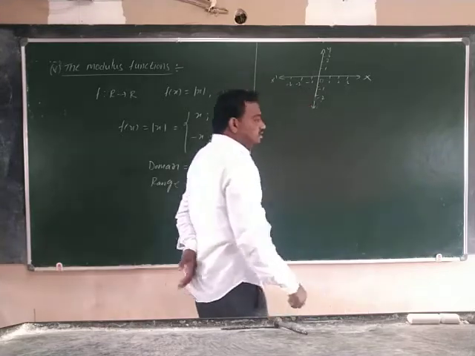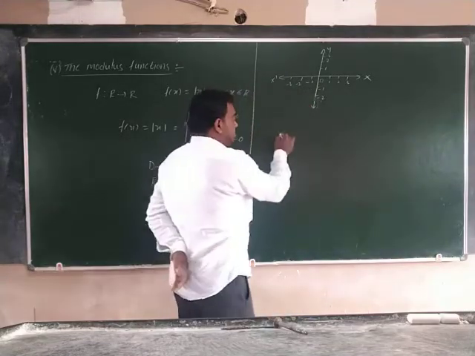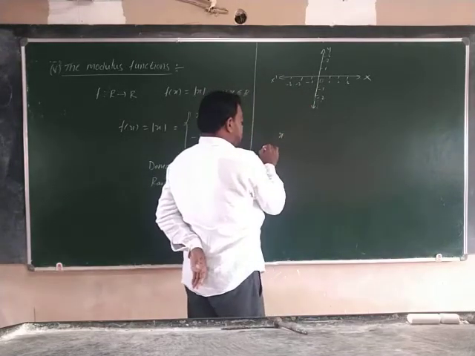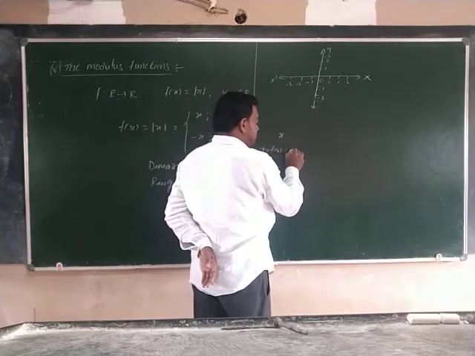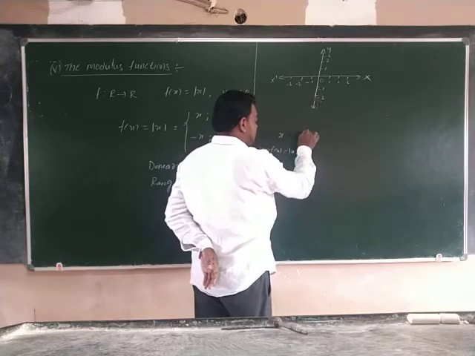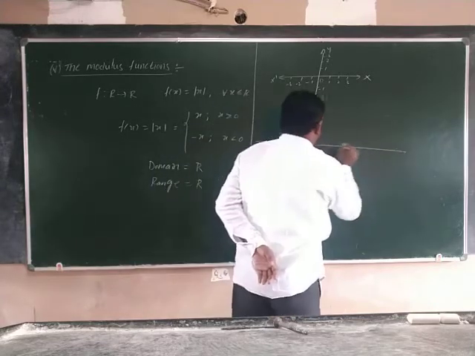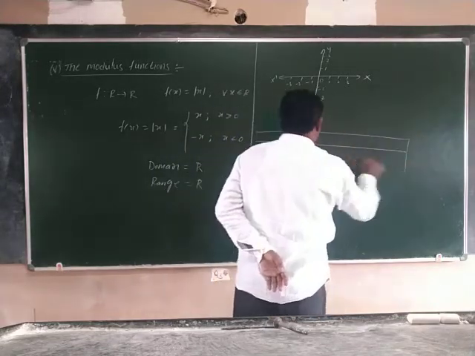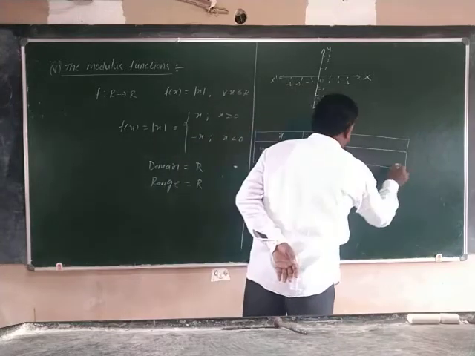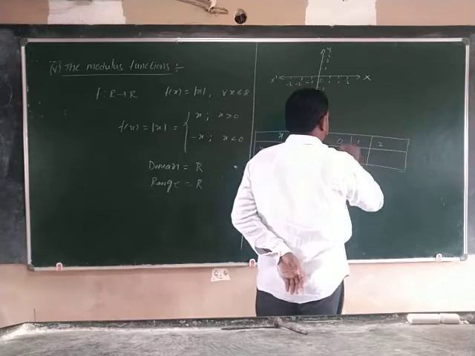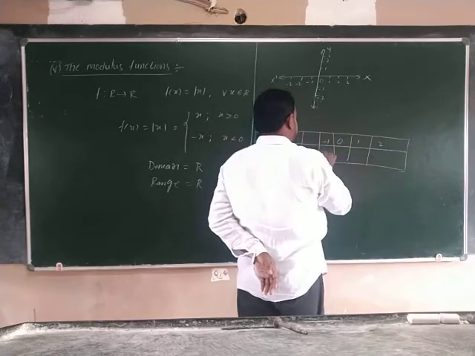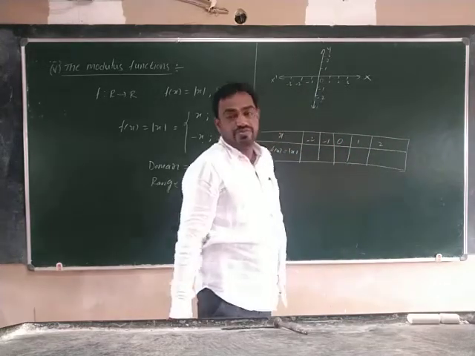Okay. You take x values here. y is equal to f of x is equal to modulus of x values. You write some positives and negatives and you draw the diagram: 0, 1, 2, next -1, -2 and so on.